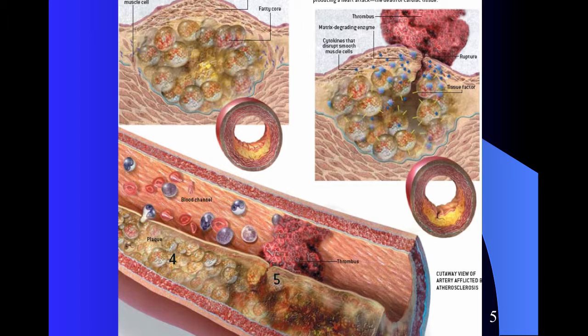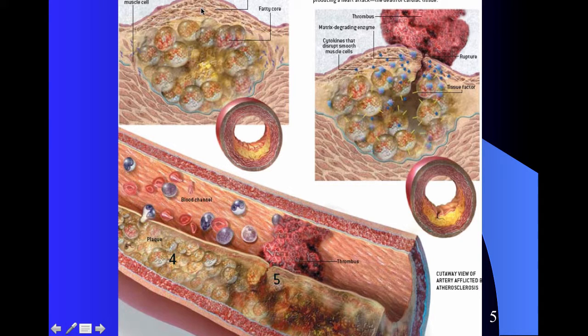Now these smooth muscle cells begin synthesizing collagen, a fibrous protein that's part of the plaque. So the muscle cells make collagen so that they can hold to each other. This process can repeat until blockage of the artery occurs.